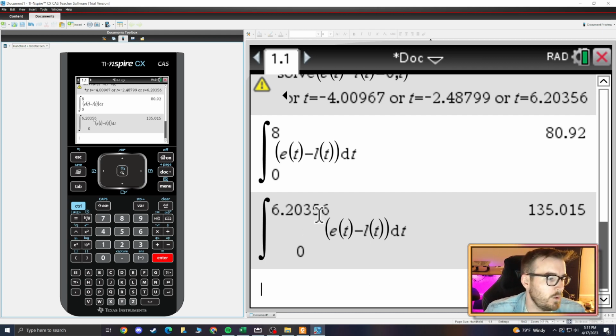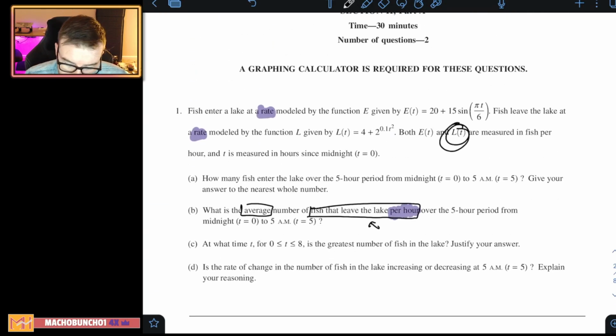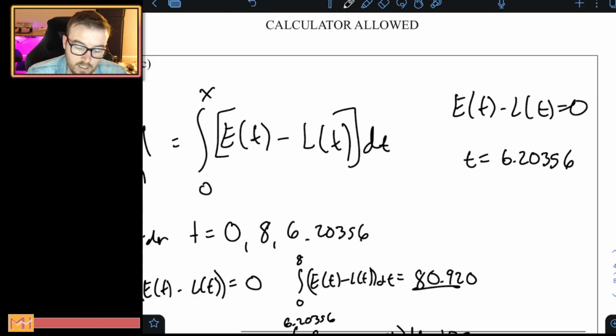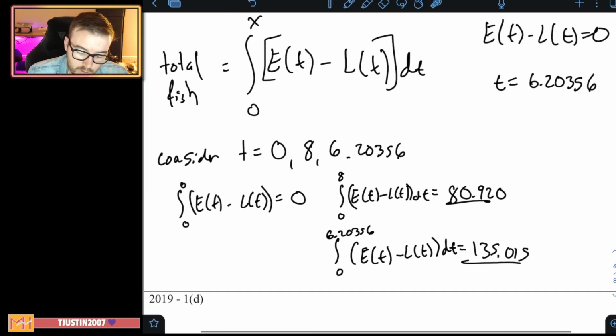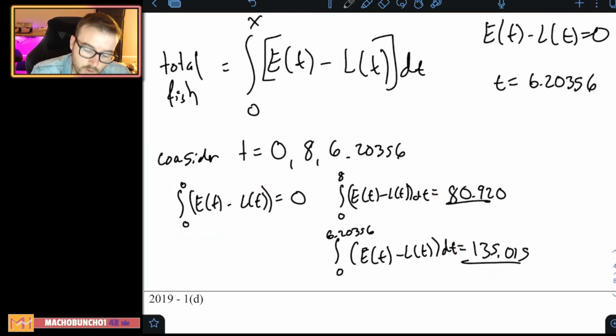All right. So if I'm going back to the final answer, let's just remind ourselves, what are we finding? At what time t for 0 to 8 is the greatest number of fish in the lake? Justify your answer. So as far as justification is concerned, presenting the grid with the 3 critical points and plugging them into the function is your justification.